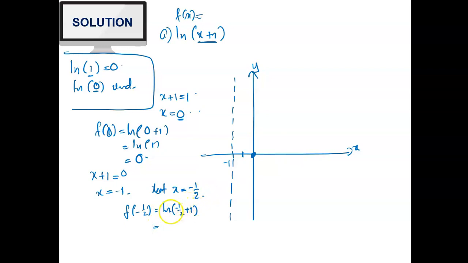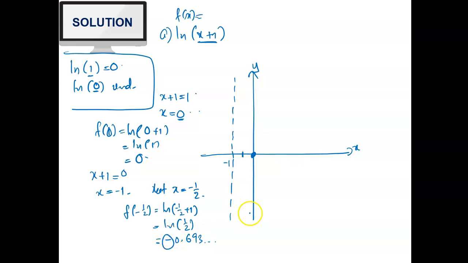Negative half plus 1 is equal to positive half, and natural log of 1 over 2 gives us a negative value, negative 0.693, and so on.